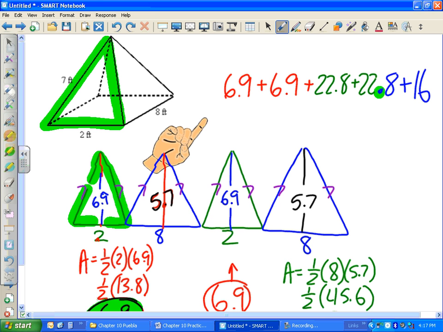So let's add all these up. 6.9 plus 6.9 plus 22.8 plus 22.8 plus 16. I have a whopping 75.4 feet squared.